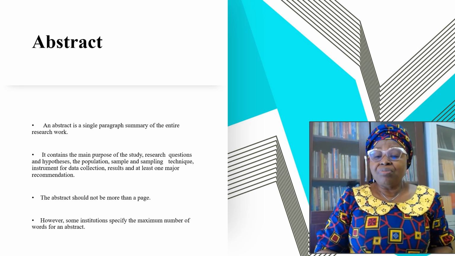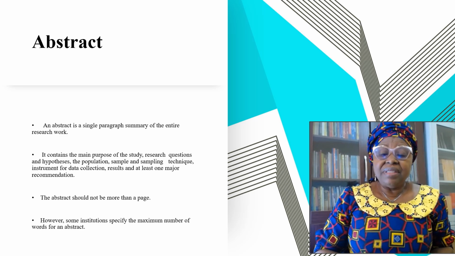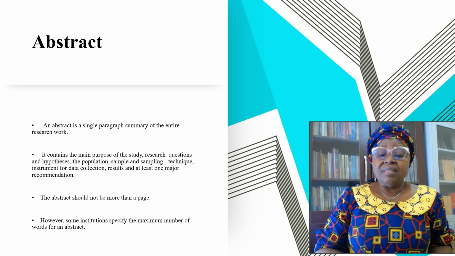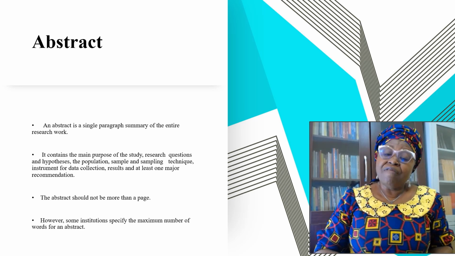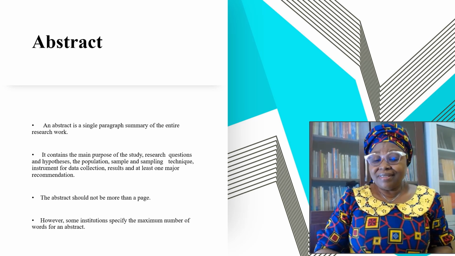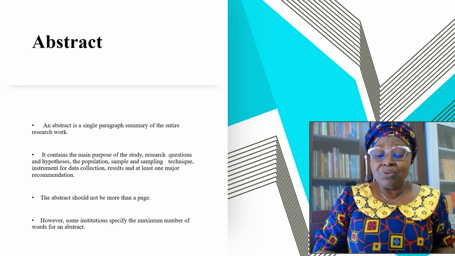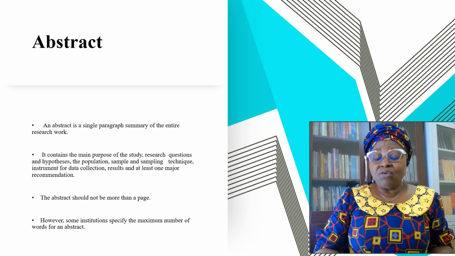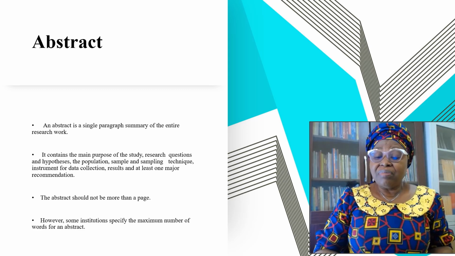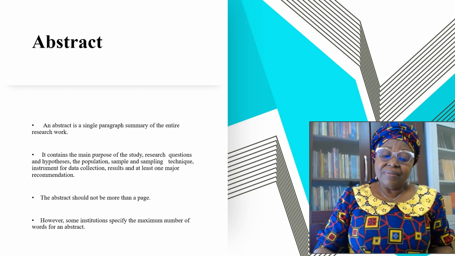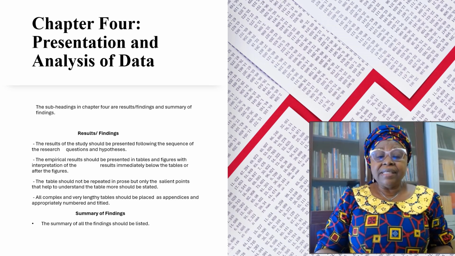The abstract should not be more than a page. However, some institutions specify the maximum number of words for an abstract. Sometimes some groups or institutions will say that within the abstract, you make a statement about the problem of the study. So this is the abstract.